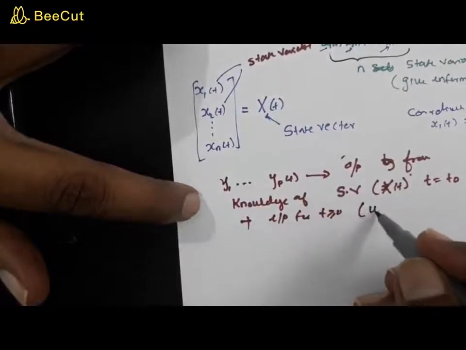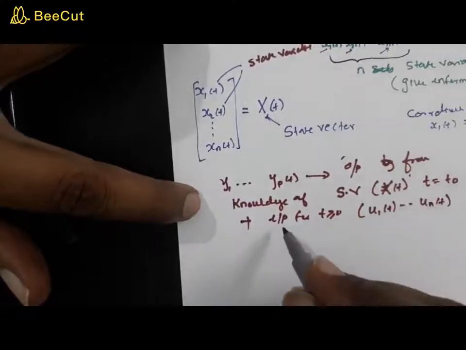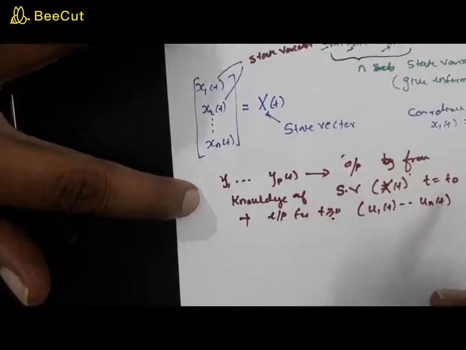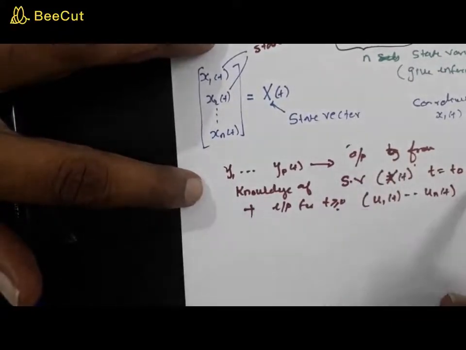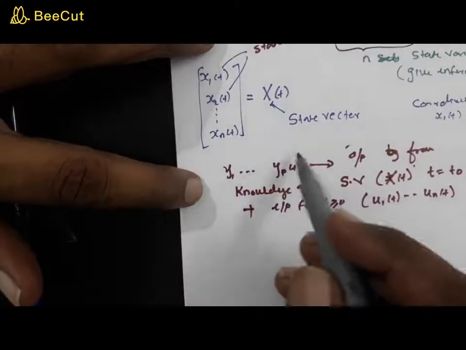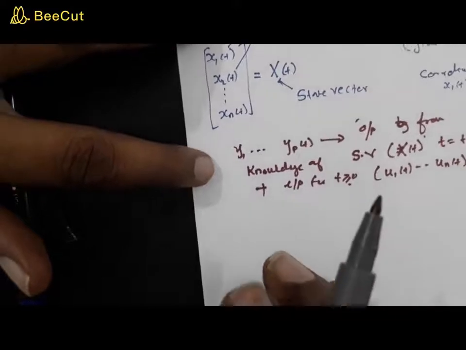As in this example, it is the knowledge of u1 of t up to um of t for t greater than or equal to 0. From the knowledge of the state variables and the input, you will be able to get y1 of t to yp of t.